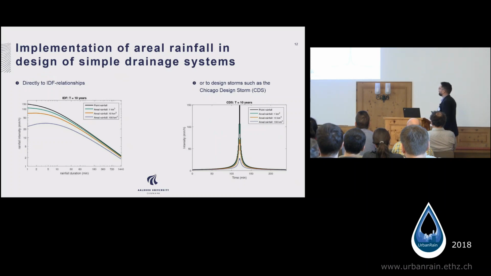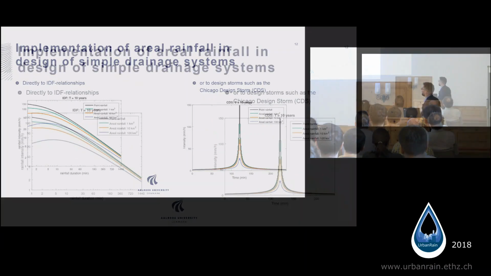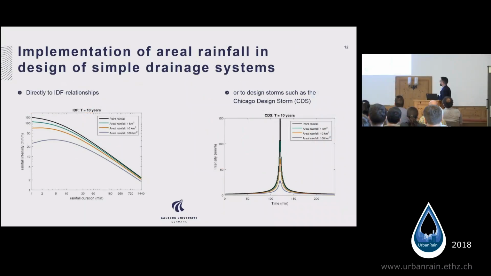We could do it directly into design. So multiplying the areal reduction factor to the IDF curves, and then get different curves for different areas. And correspondingly for a type of design storm that's very popular in Denmark, the CDS storm, we can calculate them for different areas.